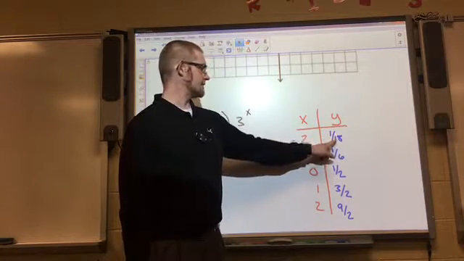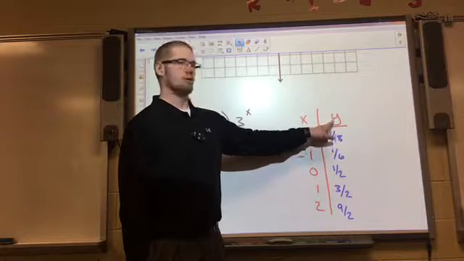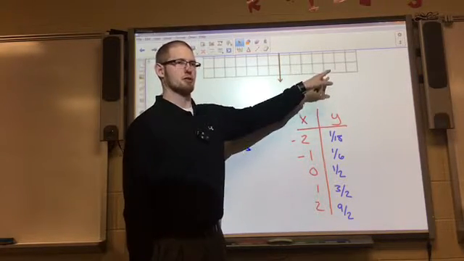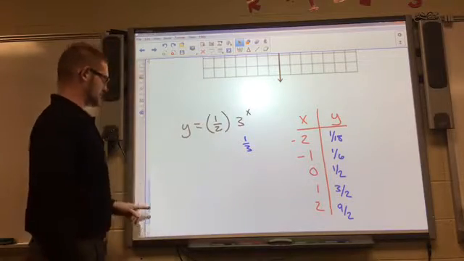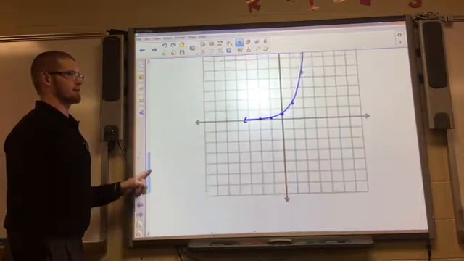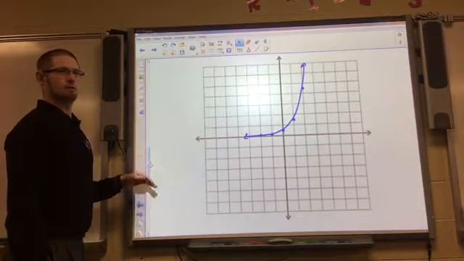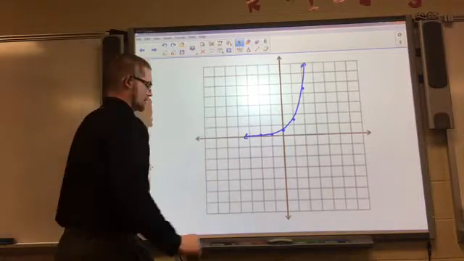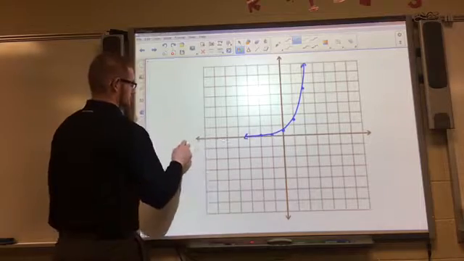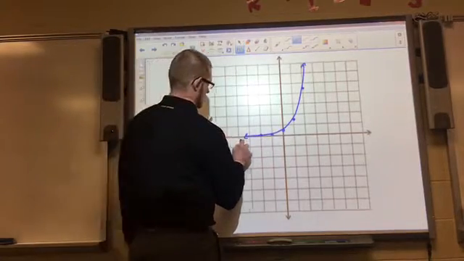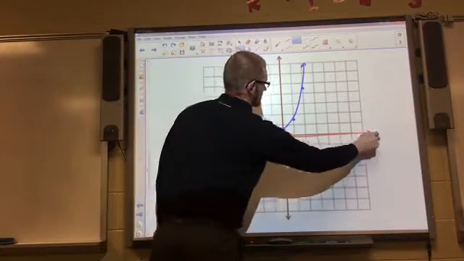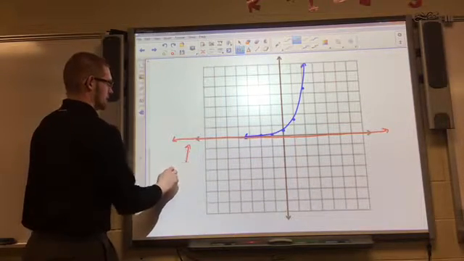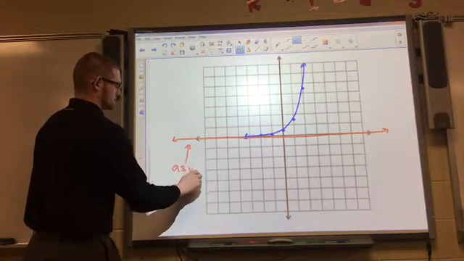Because if I plugged in -3, I'm just going to get another smaller fraction, and another smaller fraction, and another. I can plug in -30, and I'm still going to get a fraction. So I'm never actually reaching 0, am I? So this line is what we call our asymptote.